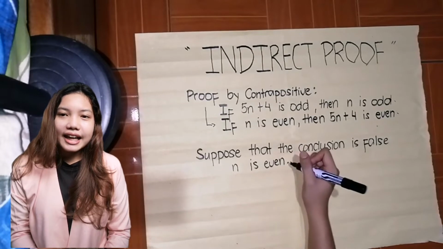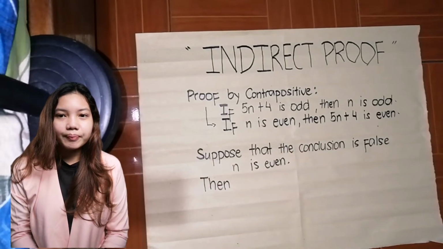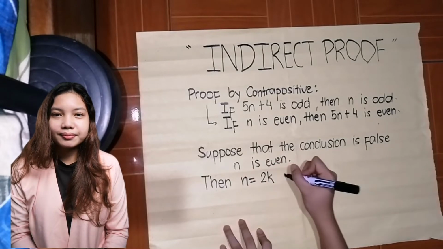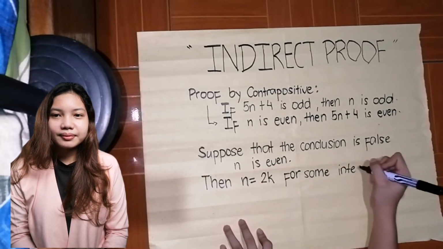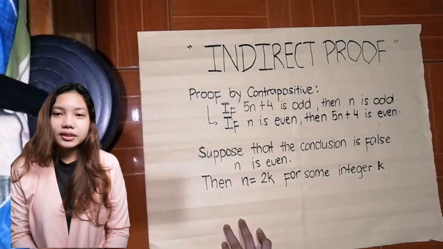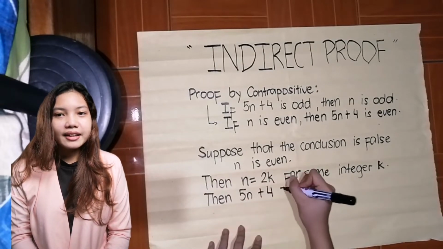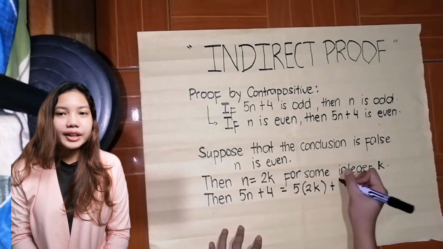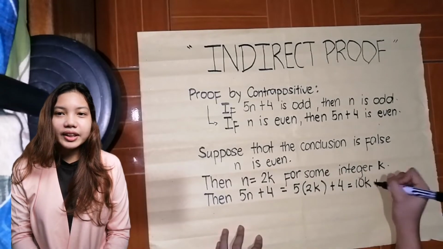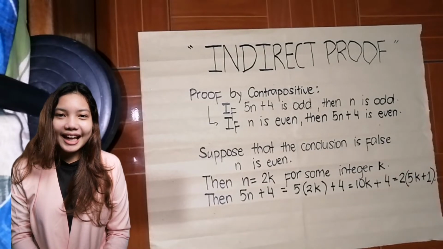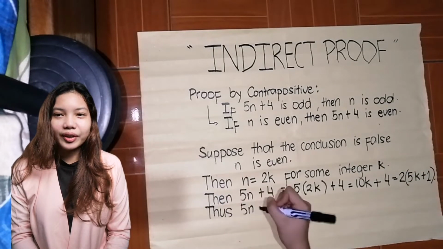Let's suppose that the conclusion is false. n is even. Then n equals 2k for some integer k. Then 5n plus 4 equals 5(2k) plus 4, which is equal to 10k plus 4.